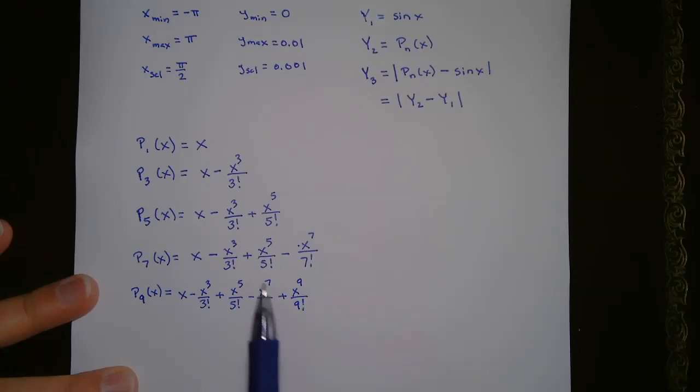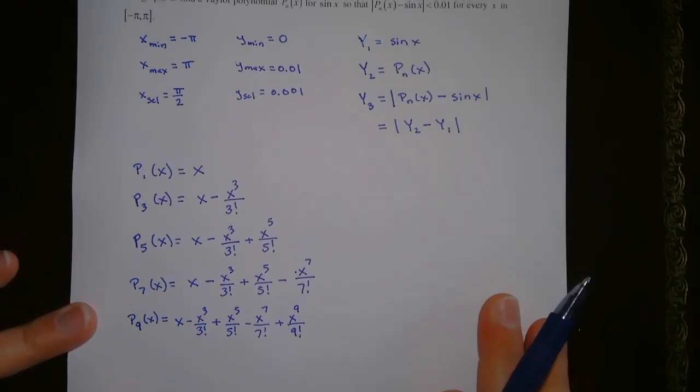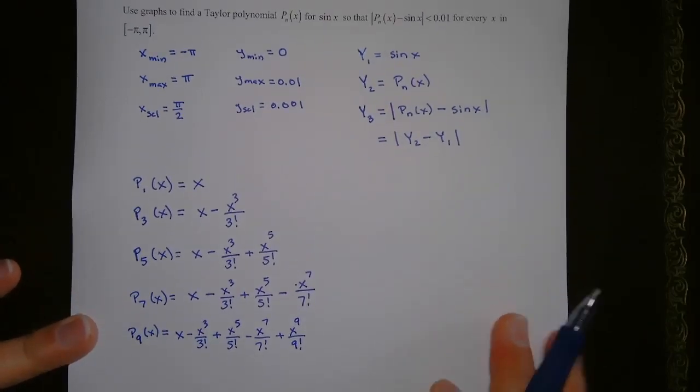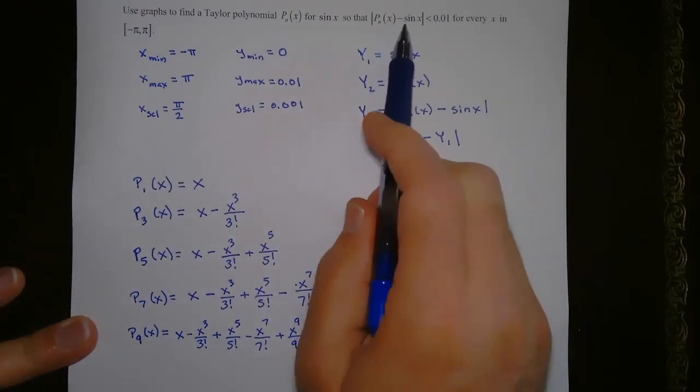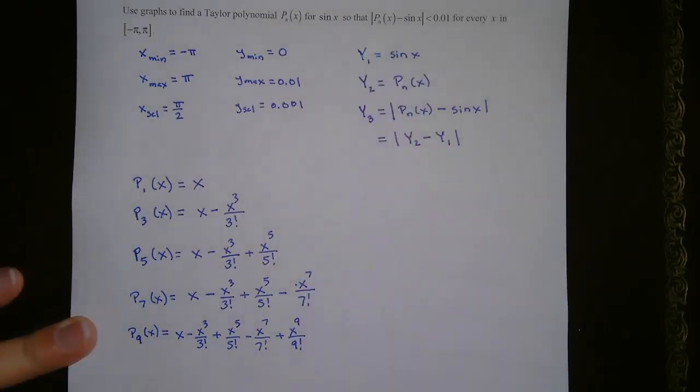And so find the Taylor polynomial for sine x where this tolerance holds, and let me slide it down a little bit. So find a Taylor polynomial where this will happen, and we did that, right? And it turns out to be the 9th one, okay?